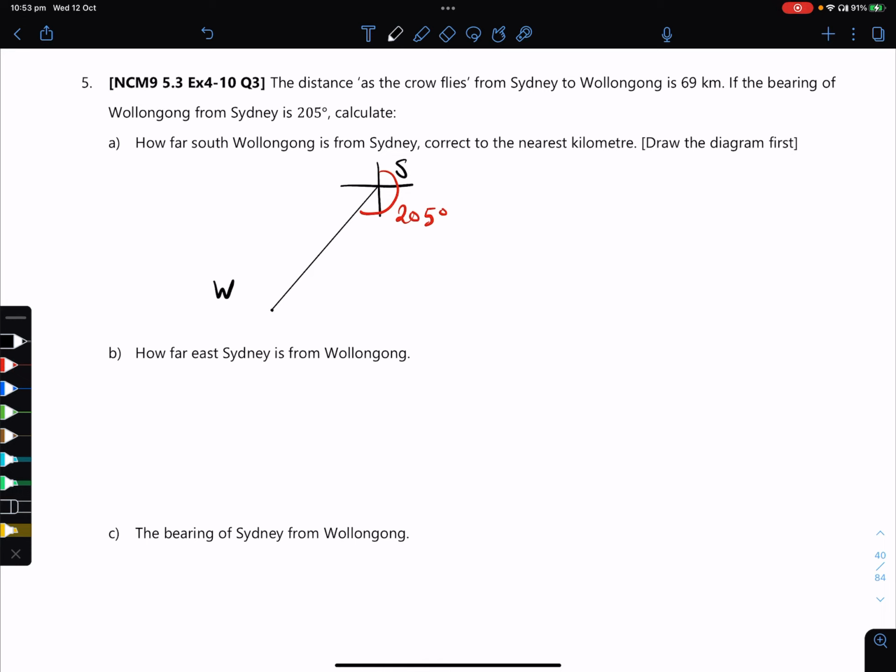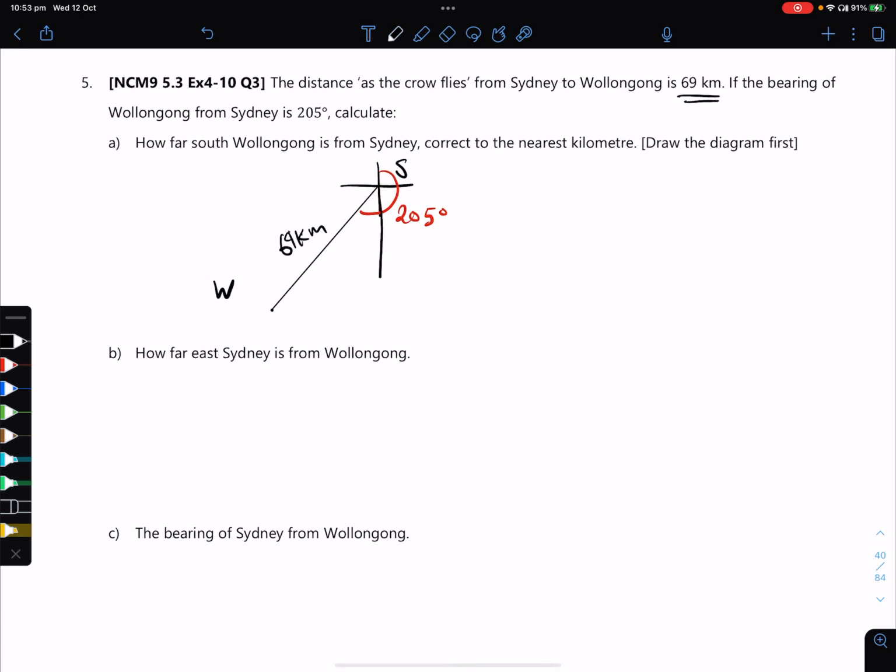And the distance, they said, was 69 kilometers. So how far south Wollongong is from Sydney is what they want us to find. So that means we have to find how far is this place vertically below Sydney, which is this distance here.